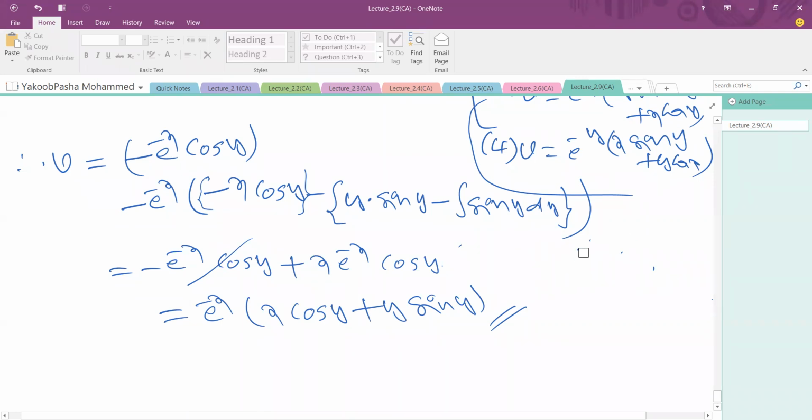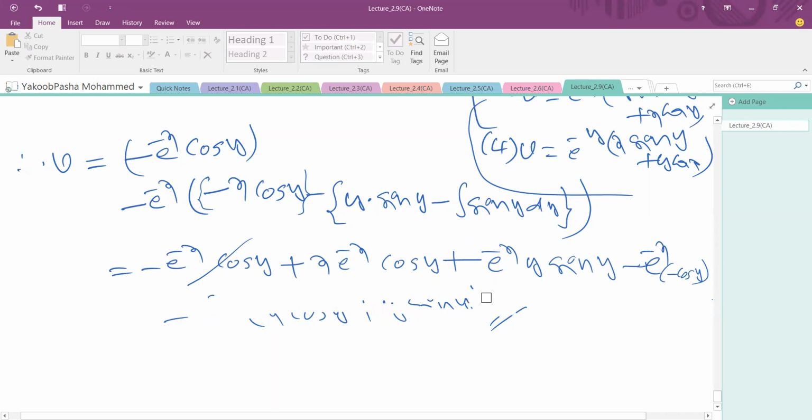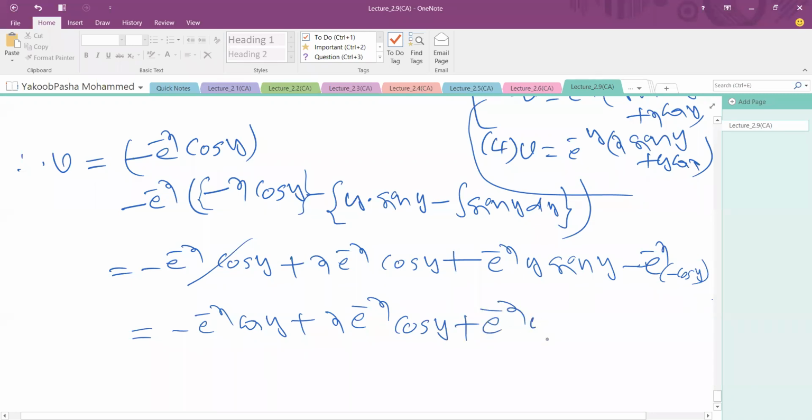e power minus x into y sin y. This is minus into minus plus. Three minuses give minus e power minus x. Integration of sin y gives minus cos y. Minus e power minus x cos y, x e power minus x cos y, e power minus x y into sin y.